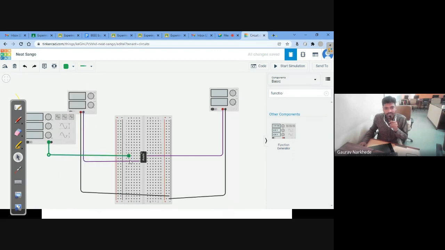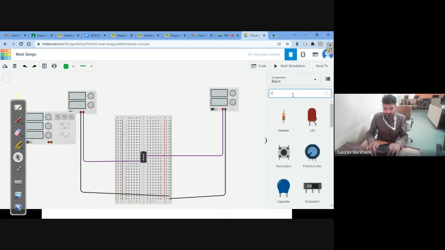But before giving the input, we need to give the input through a resistor, so I will use an input resistor. I want two resistors, right?